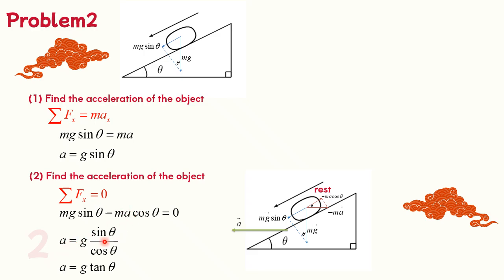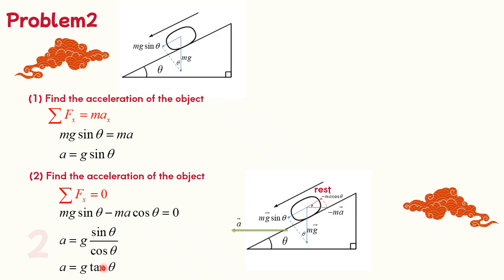We move it over and cancel m. We take the cosine to the bottom, so it becomes a equals gravity times sine over cosine.